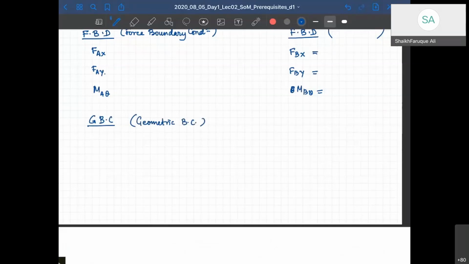Okay, what do I have? Delta A X, delta A Y, and theta A X Y. Similarly here also, delta B X, delta B Y, and theta B X Y.